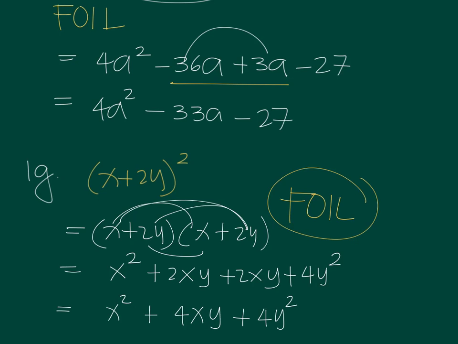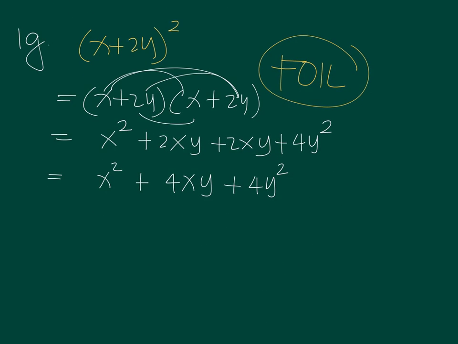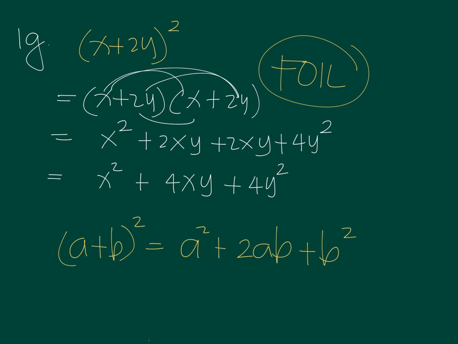So what is the direct method? The direct method comes from the idea that if you expand (a + b) squared, this is a squared plus 2ab plus b squared.